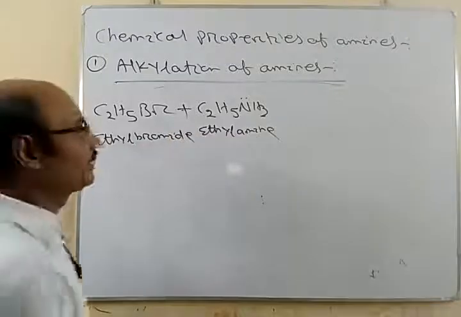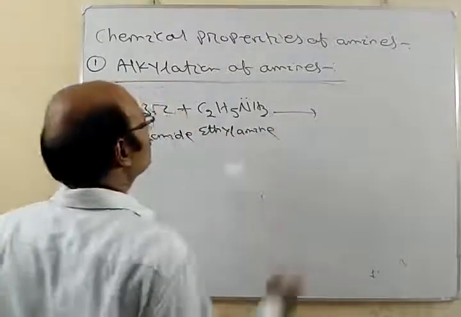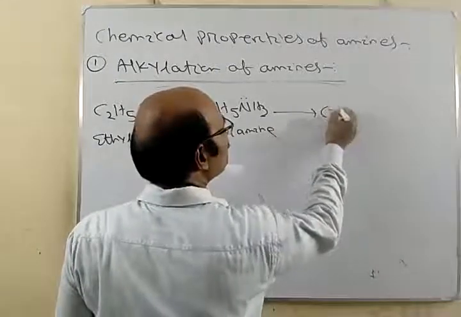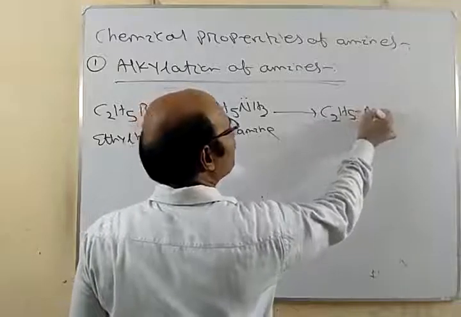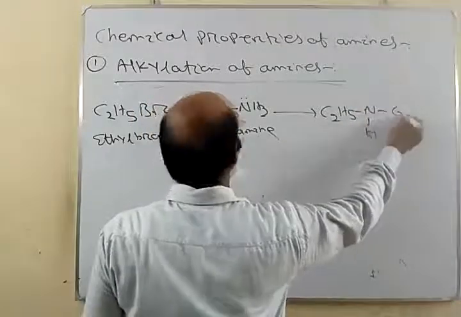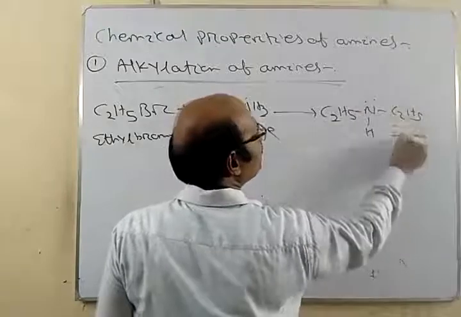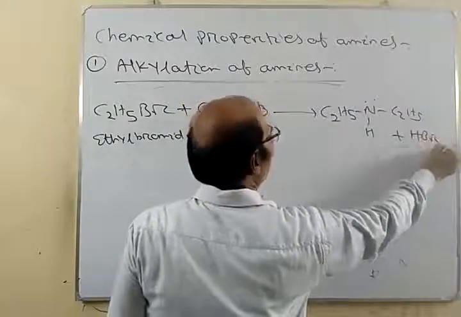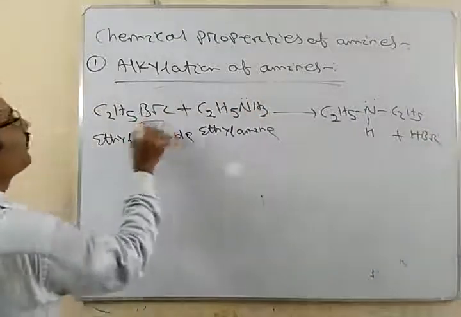Ethyl bromide will give what? C2H5NH C2H5 plus HBr. Okay, it's your Br and H.